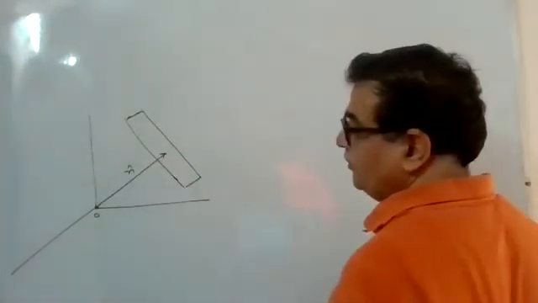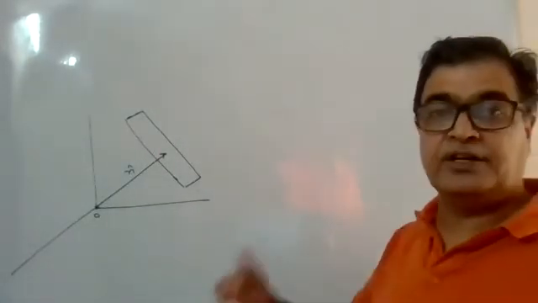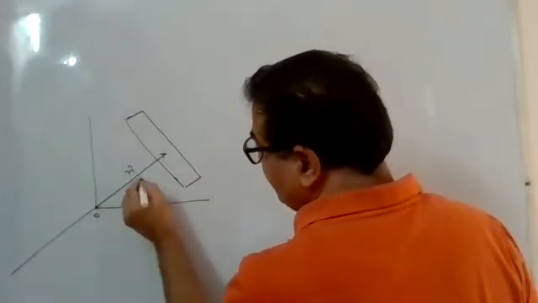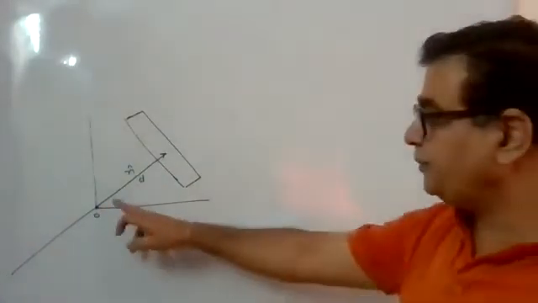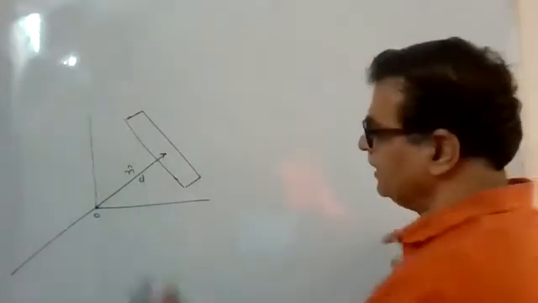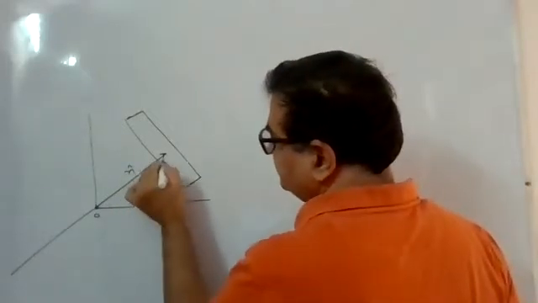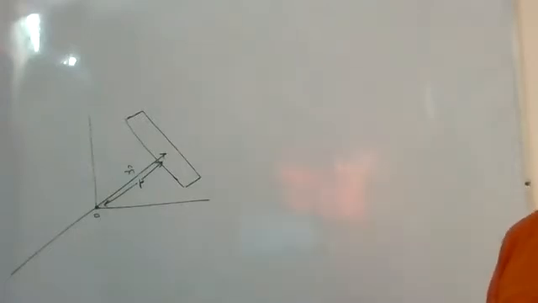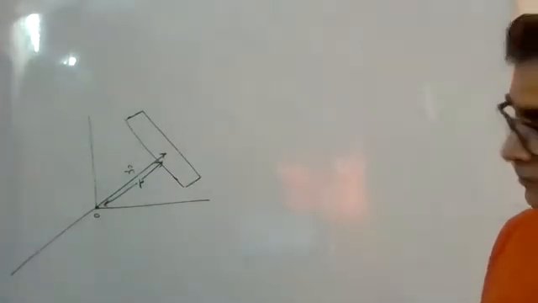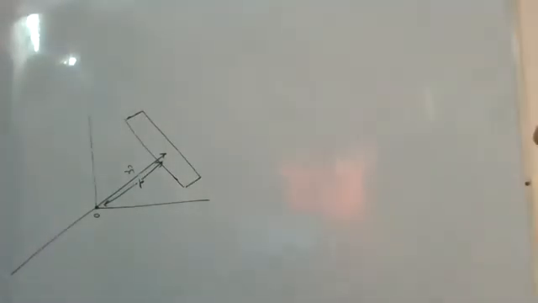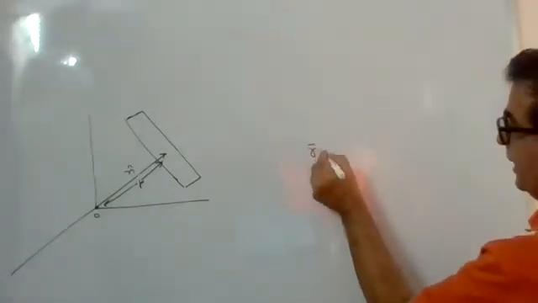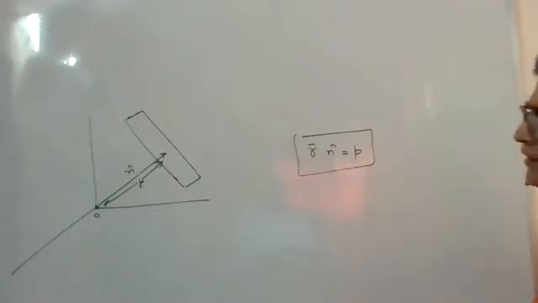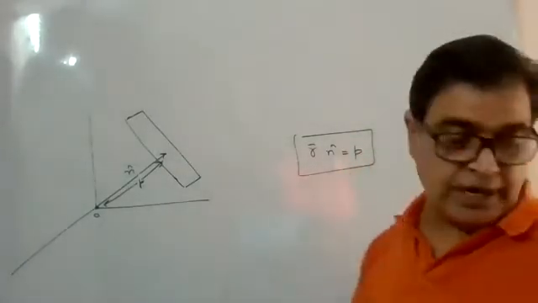This normal vector which you have has position vector n cap. And this perpendicular distance we have d, or let's take it as small p. This distance is small p. Then the equation of the plane will be r dot n cap is p. This is the result which you remember. This equation we should have.